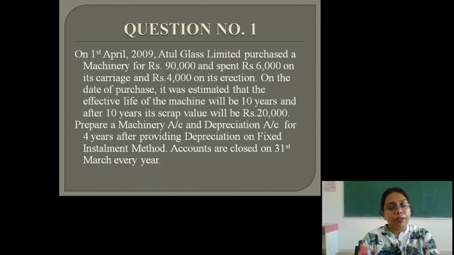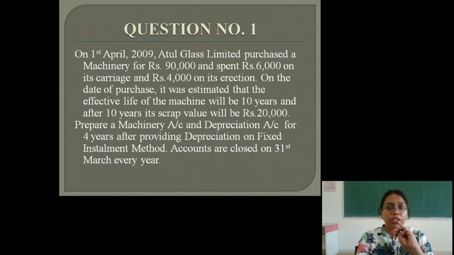So keep in mind that for every question we need the rate of depreciation or the amount of depreciation. But in this case, we have the original cost of the asset for which the machinery has been purchased, the transportation or carriage cost, and the erection, which means the installation charges.